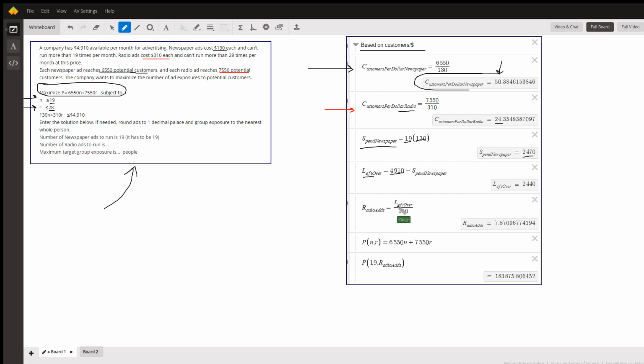But if we divide by 310, that's the number of radio ads that you can have to maximize this number of potential customers. It looks like with that combination, 19 newspaper and 7 radio ads, although I didn't round that off, you can reach 183,800 plus customers. Now that's one way to do it.